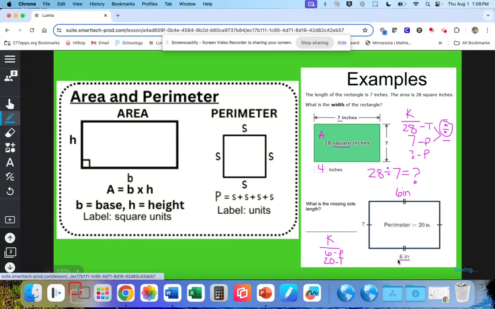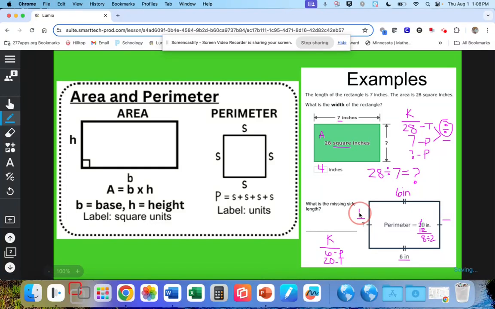If I add 6 plus 6, I get 12. So I'm going to take my 20, I'm going to subtract out the 12 that I already have, and I am going to find out that I have 8 remaining. But I have that 8 that needs to cover 2 spots. So I'm going to take the 8 and divide it by 2 since I have 2 missing numbers still.